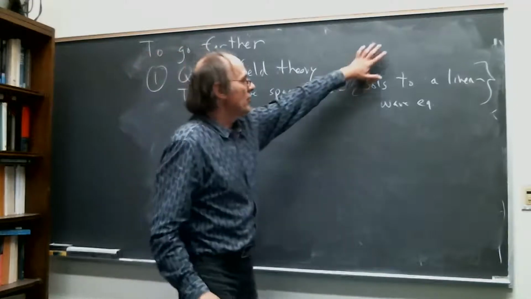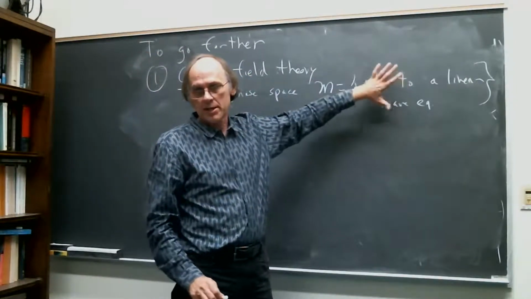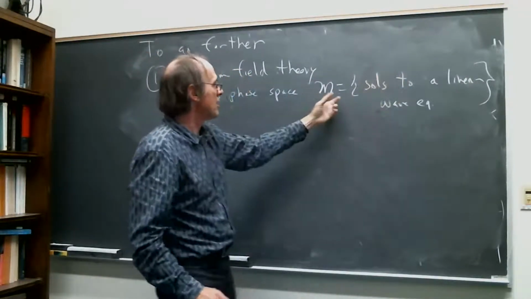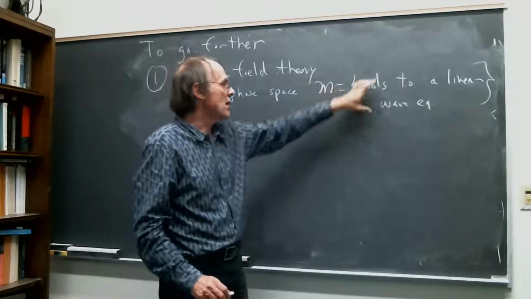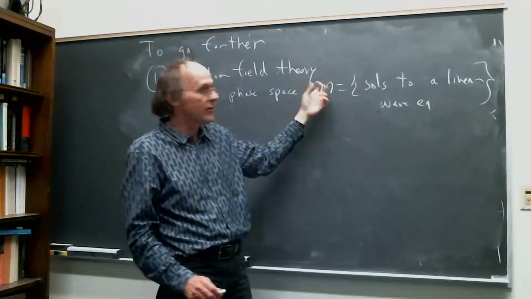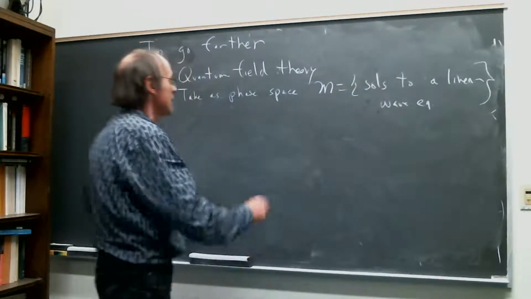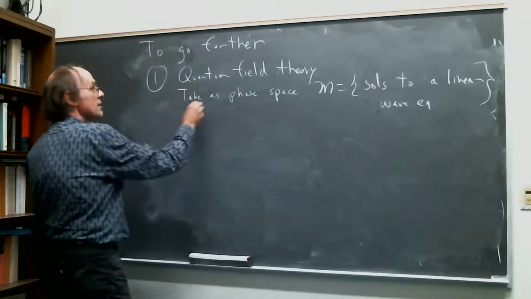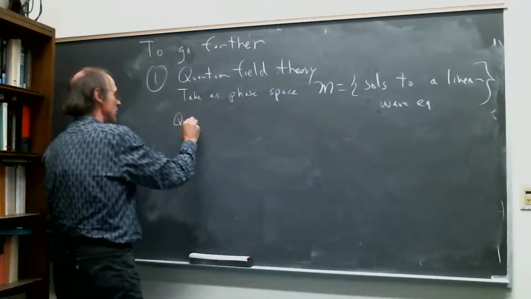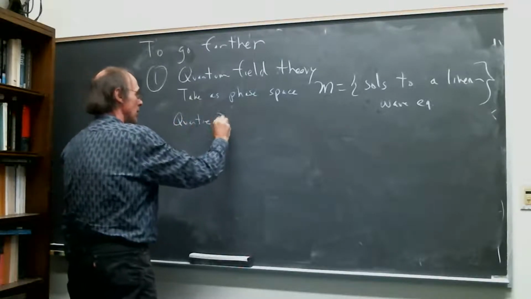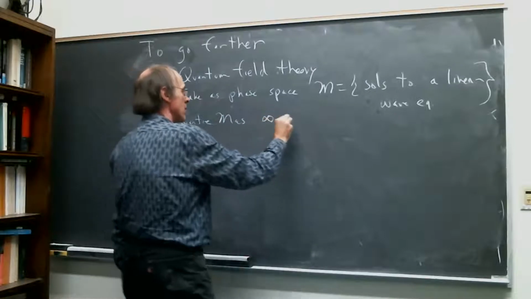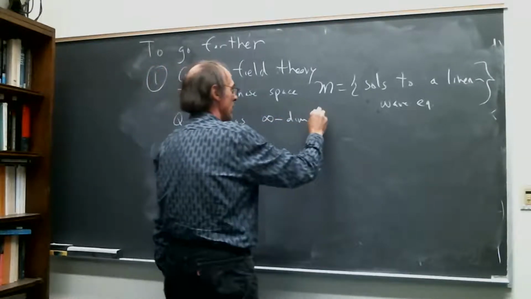This is going to be some infinite dimensional space of solutions, but it's going to come with a Poisson bracket. It's going to have the structure of a phase space. And so what you do is quantize M as an infinite harmonic oscillator.